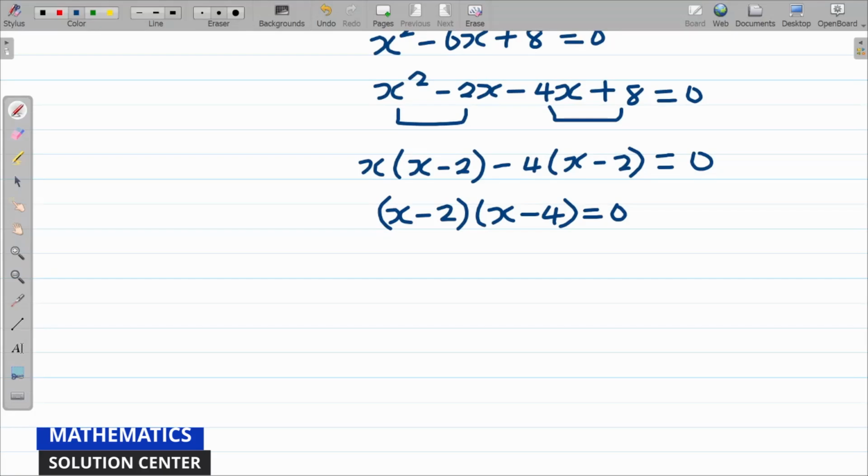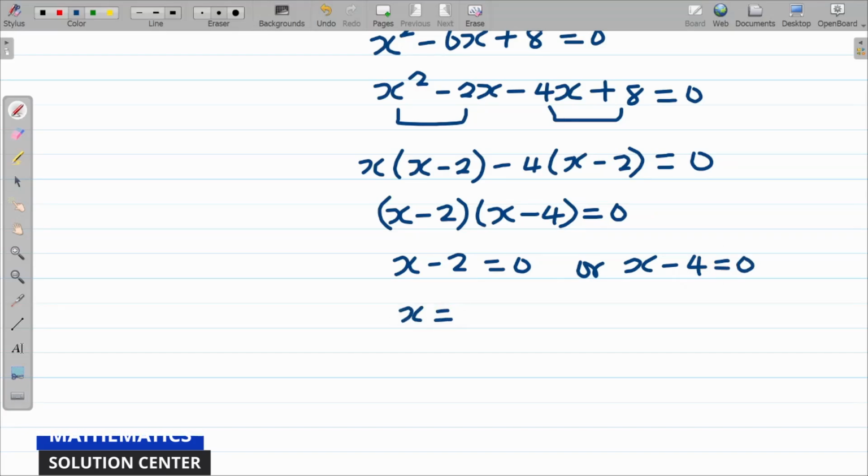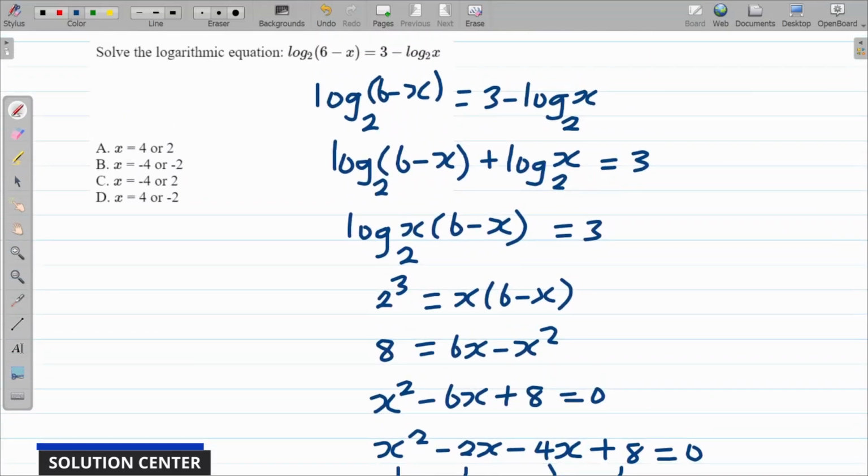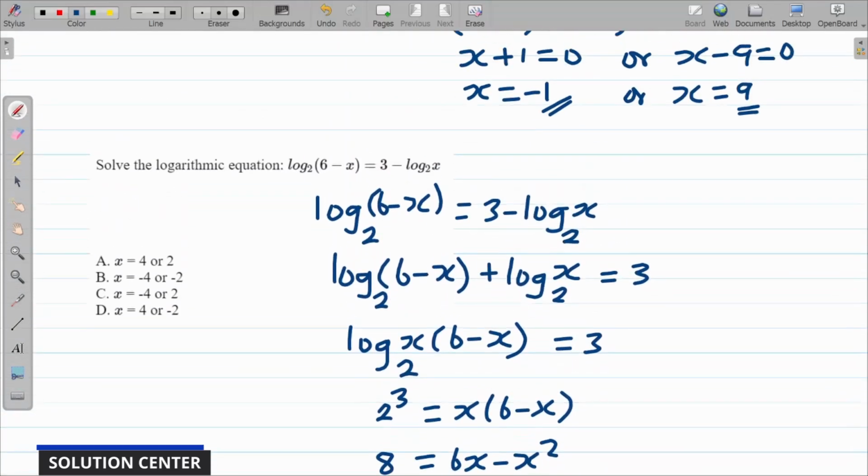So it means that x minus 2 is equal to 0 or x minus 4 is equal to 0. So it means x is equal to 2 or x is equal to 4. These are the two possible answers for x. So I think that is option A. Option A is the correct answer.